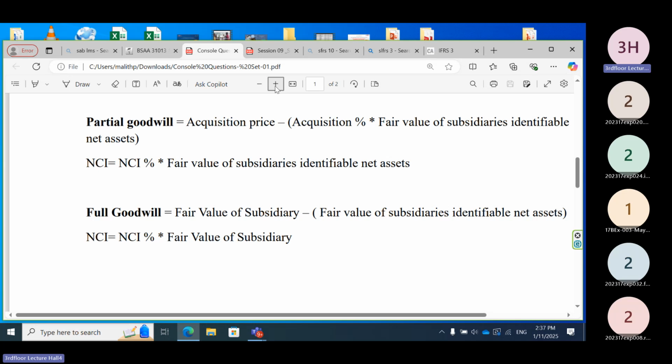So what's your proportionate goodwill? Very simple. How are we going to calculate that? Net assets of the subsidiary, 500 into 80%.